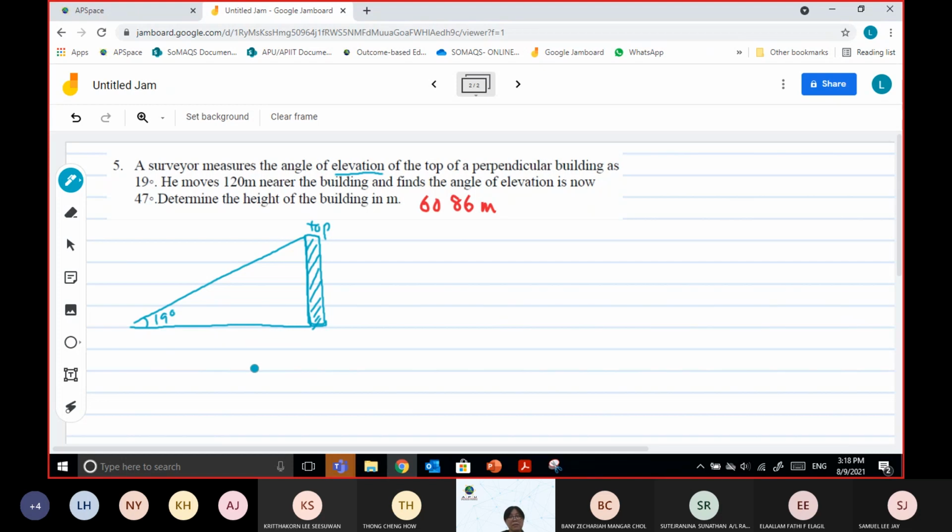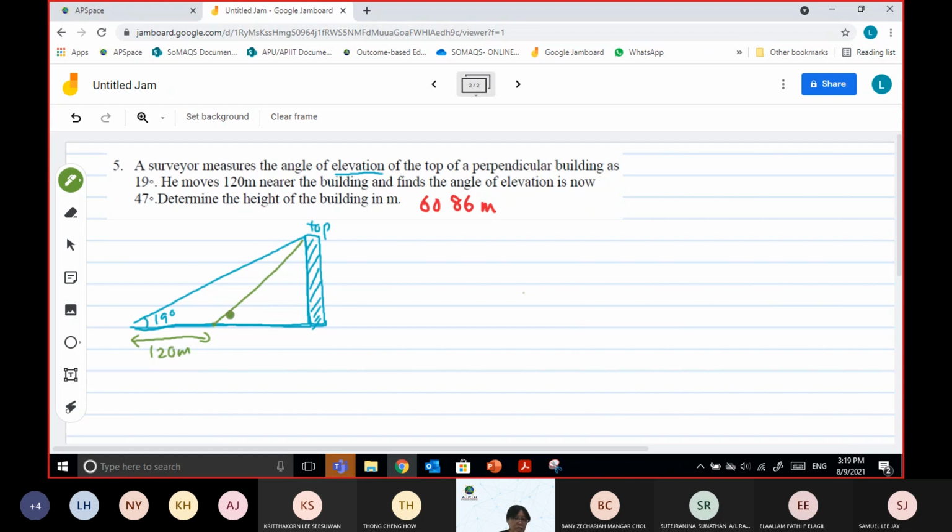Remember, the angle of elevation must be measured with the horizontal line. So this is a horizontal line, 19 degrees. We don't know how far the surveyor is from the building, but later he tells us he moves 120 meters nearer, so here to here is 120 meters.